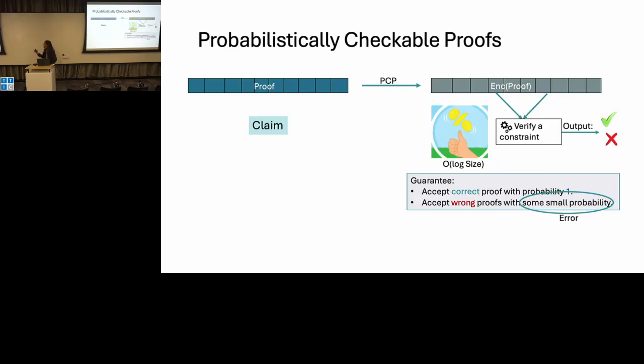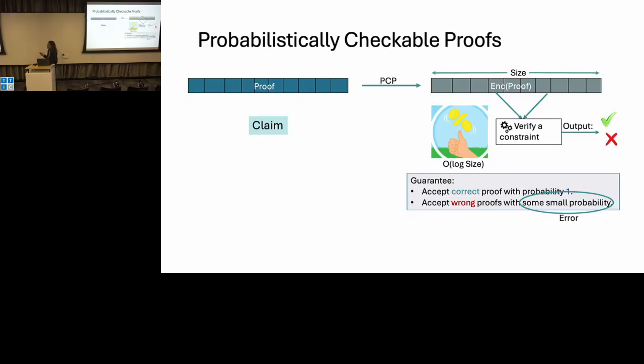Okay, and now you can see that ideally we would want the size of this encoded proof to be as close to the size of the original proof and the probability of error to be as close to 0 as possible. These improvements lead to improvements in the downstream applications of PCPs.